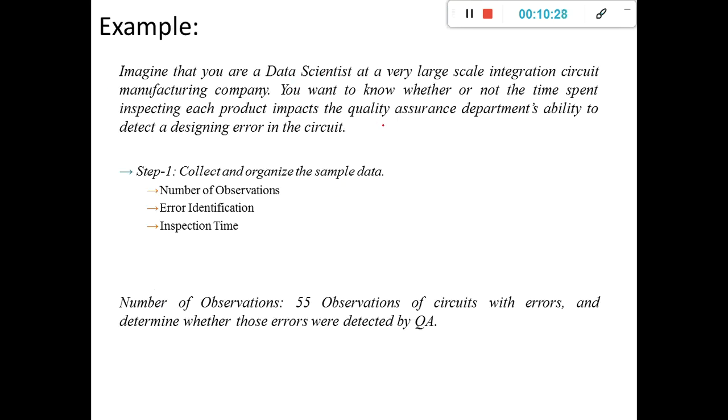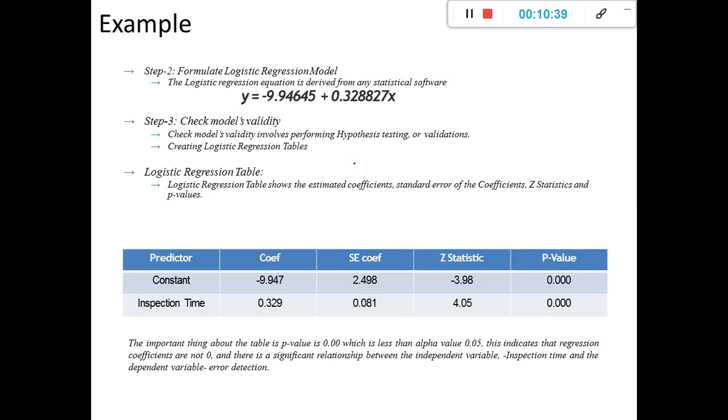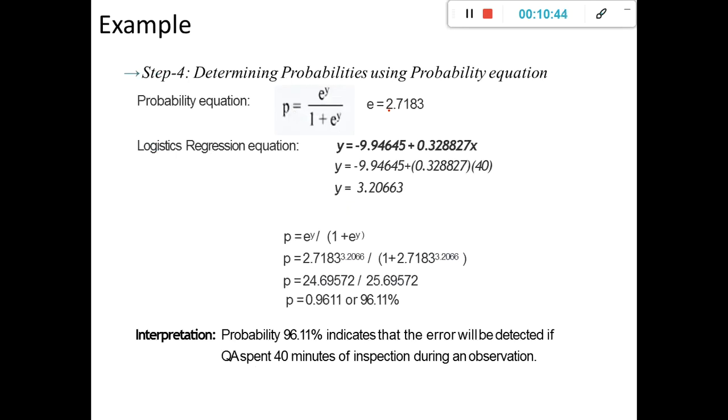And the example we have seen for simple logistic regression was from the integrated circuit manufacturing company in the last episode. These were the details given to us. Then we wrote the model, and we got some y value, which we replaced into the logit function, and this logit function then gave us the probability associated with the time taken, which was 40 minutes in this particular example.